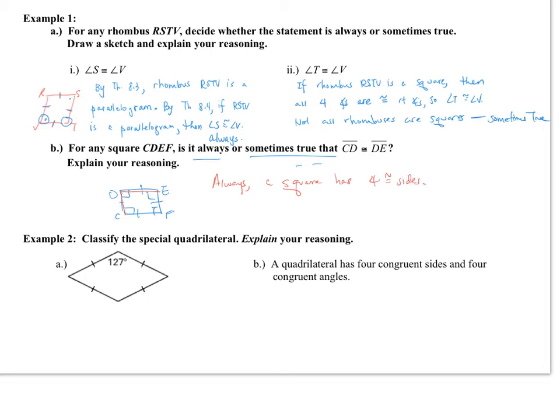Example 2. Classify the special quadrilateral. Explain your reasoning. First of all, for part A, this diagram has 4 congruent sides. And second of all, one of the angles is 127 degrees, so the opposite one must be 127 degrees too.